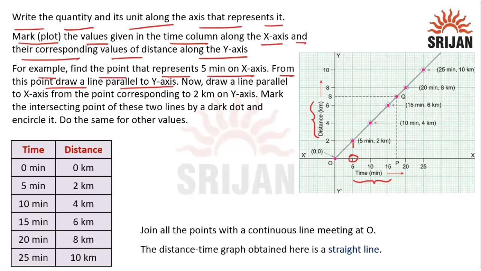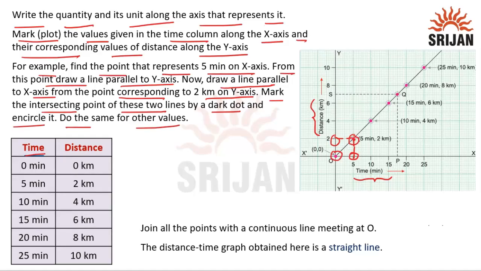So this is the line parallel to y-axis. Now draw a line parallel to x-axis from the point corresponding to 2 km on y-axis. So on y-axis, this is the point corresponding to 2 km, and we are drawing again a line. Mark the intersecting point of these two lines by a dark dot and encircle it. So this is the point of intersection.